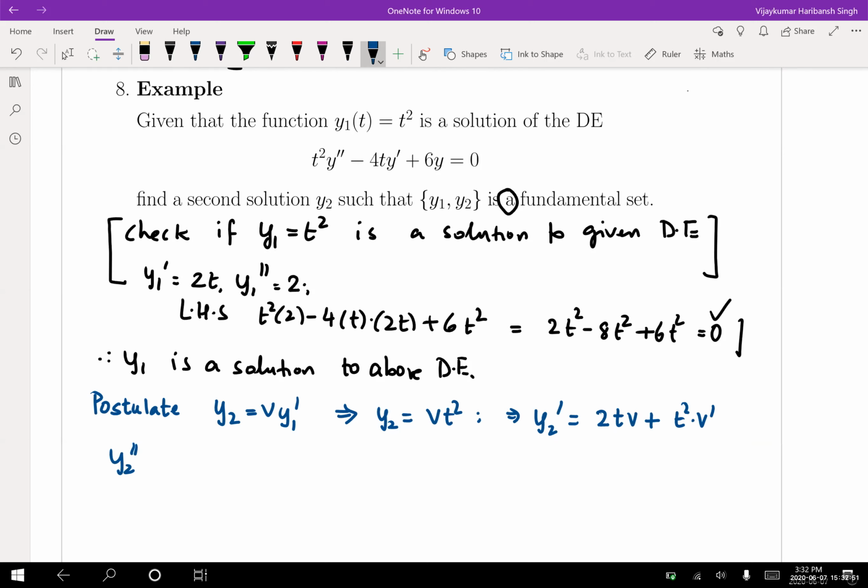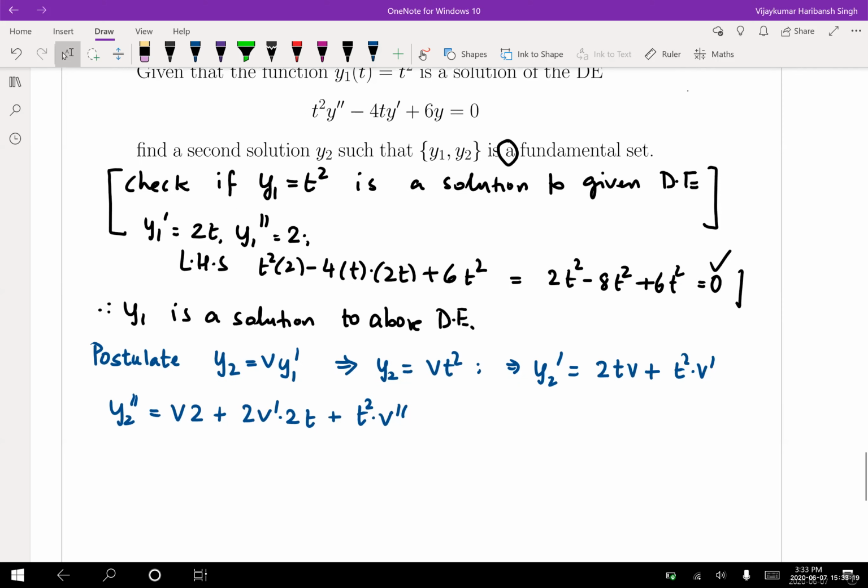Then we get y2 double prime equals, again I prefer using Euler's formula, v times the second derivative of t squared, which is 2, plus 2 v prime times the derivative of t squared, which is 2t, plus t squared times v double prime.